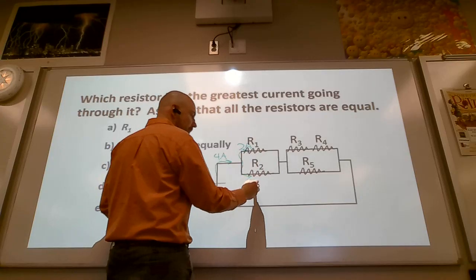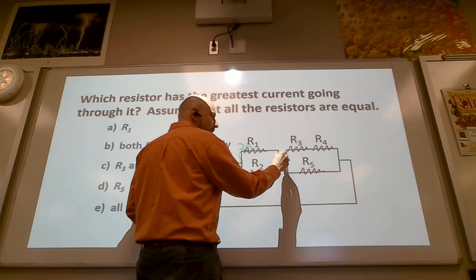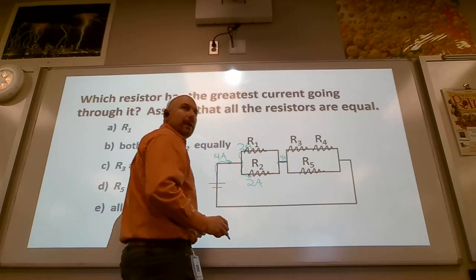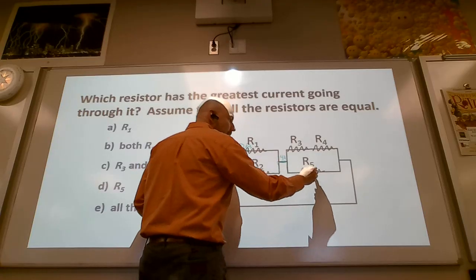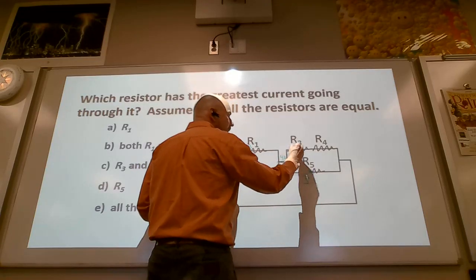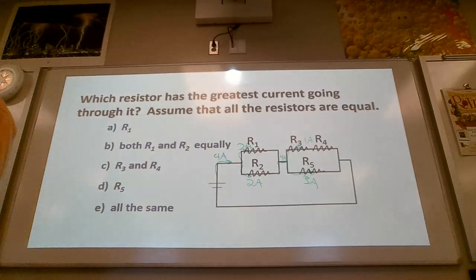You have 2 amps and 2 amps. They come back together, you have 4 amps going through this guy. And then here, because there's more resistance in this branch, we'll say 3 amps goes through here and 1 amp goes through this. Good?